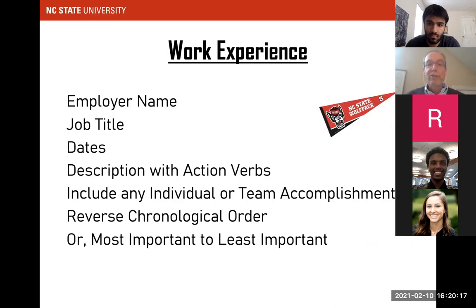If you were a server at a restaurant, you don't need a lot of information, maybe even just one or two lines. But if you were a medical assistant in a doctor's office for 6 months, you want to put several lines of what you did, especially the things that are the most relevant and most helpful.